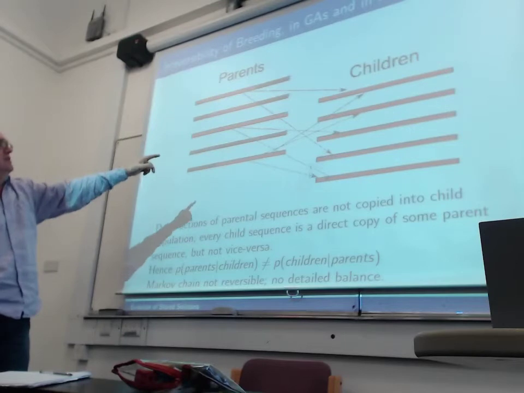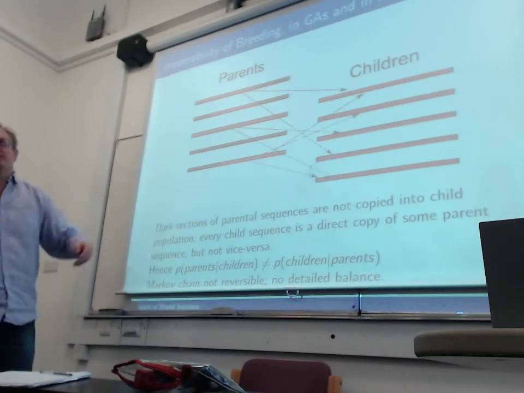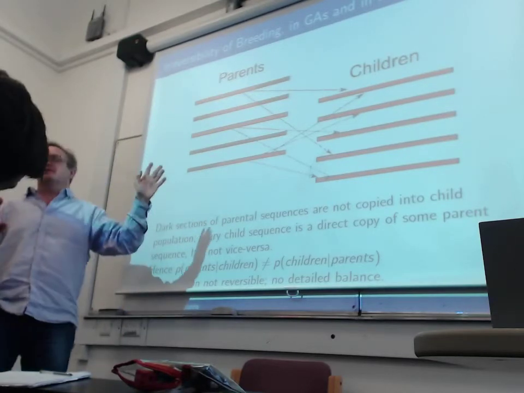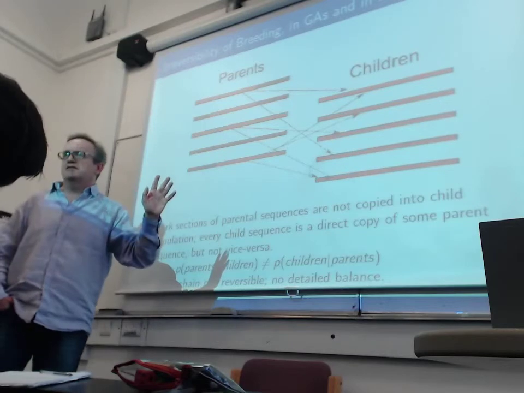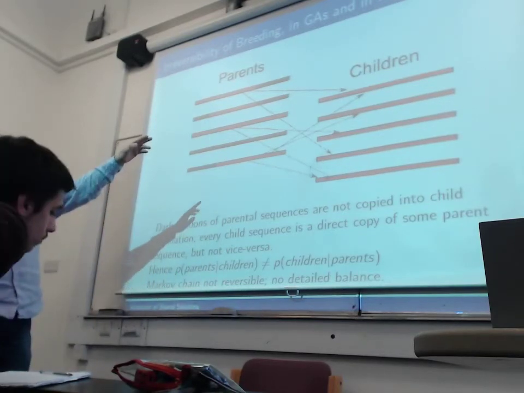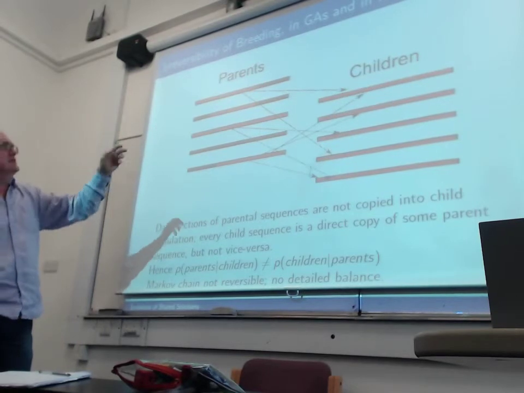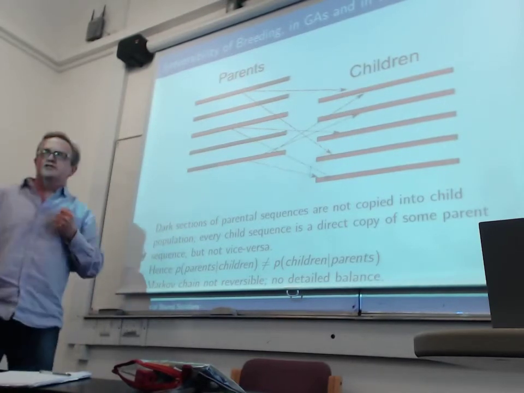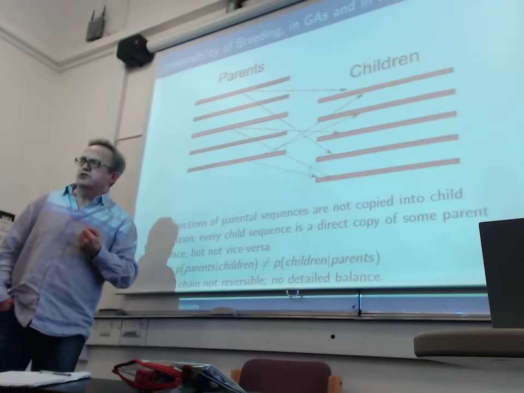But by the pigeonhole principle, let's suppose the population stays the same size. Then we've got n parents and n children, the same amount of genetic material in the parents and children.